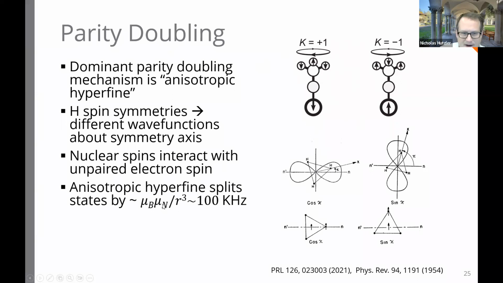And if you make a back of the envelope estimate of the dipole-dipole interaction, roughly a Bohr magneton and roughly a nuclear magneton over whatever this distance is, it ends up being about 100 kilohertz, which is pretty close to what is actually observed in these open shell, laser coolable OCH3 type molecules.